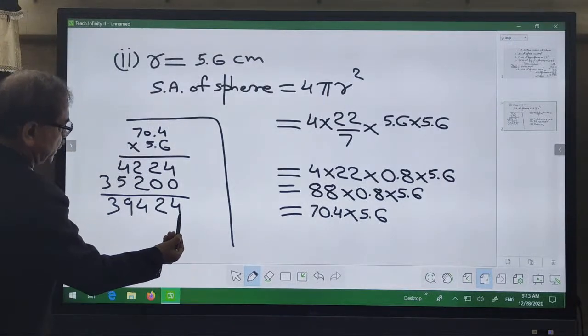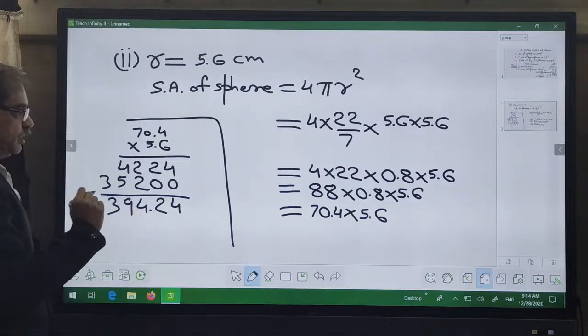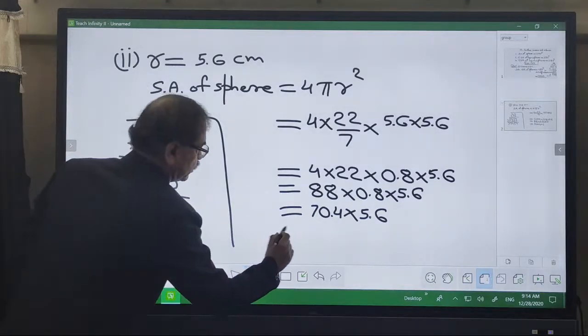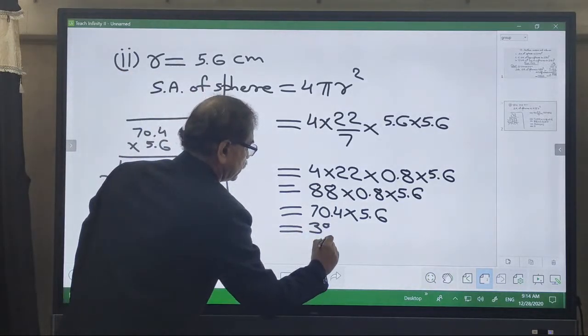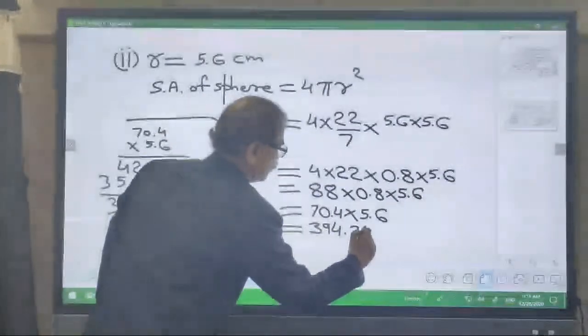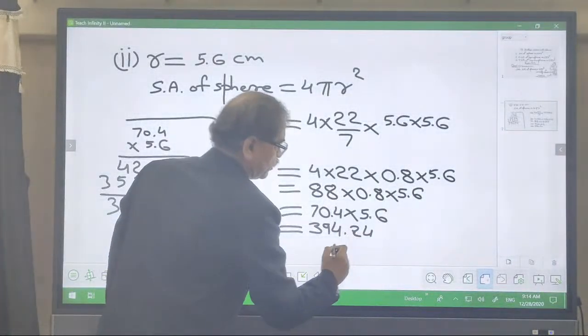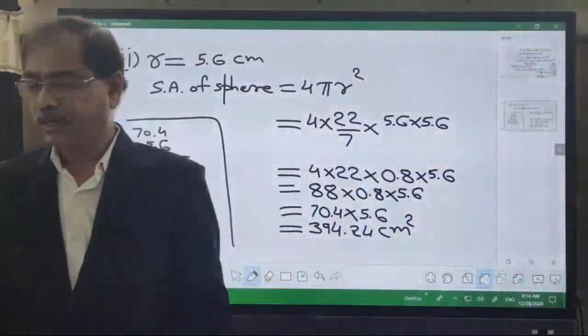So from the right hand side we start counting 1, 2. So here we put the decimal point. That was our rough work. So we write the final answer here, 394.24, and the unit will be centimeter square. So that is how we have completed the second part.